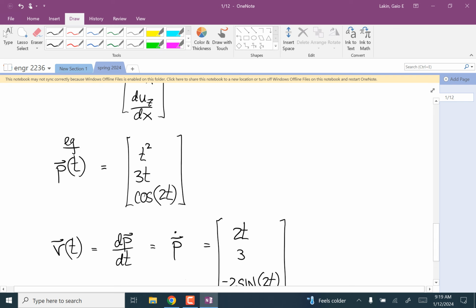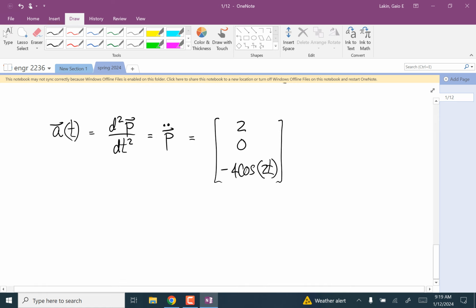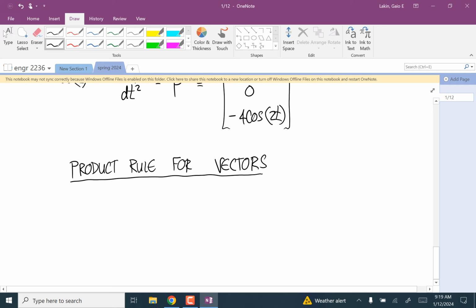Okay, the second thing we need to talk about is the product rule with vectors. Before I get into it with vectors, remember the product rule for scalars, for just functions that aren't vectors.